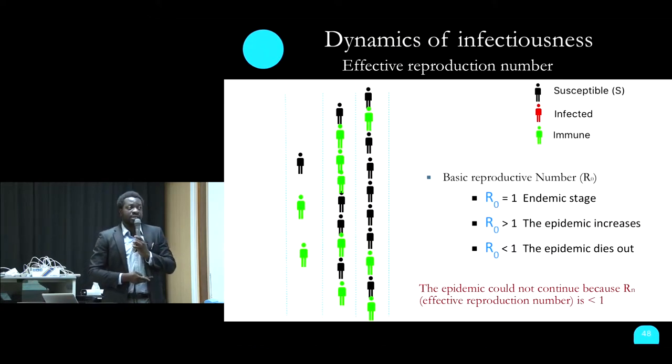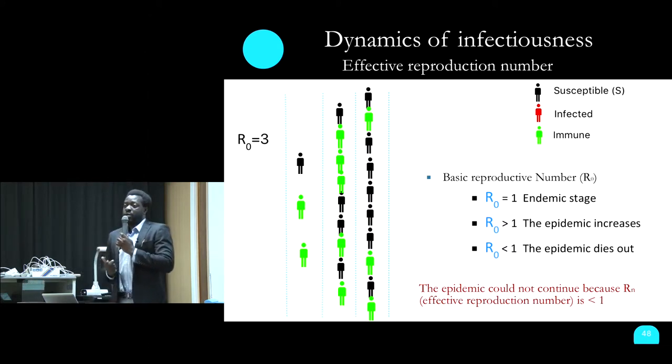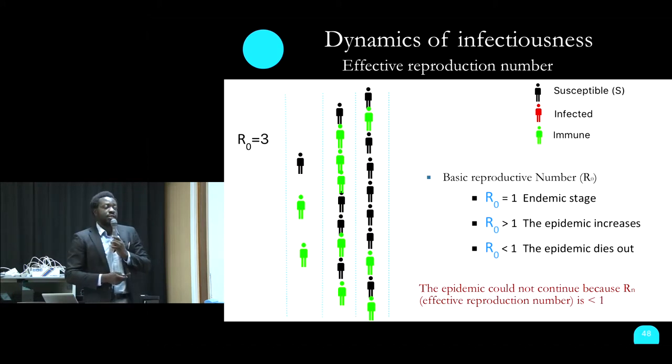But let's look at this scenario here. In this scenario, we have some susceptible, but we also have some people in the community who have immunity, so they cannot develop the disease. So we have an R naught of 3.